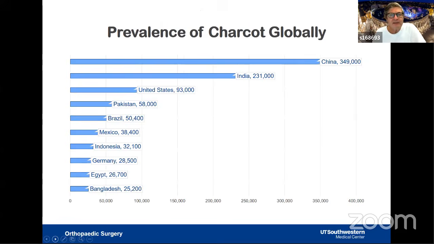So I took that same data and converted that to Charcot with a prevalence of 0.3%. And you can see that in China, nearly 350,000 cases of Charcot would be estimated. In India, over 200,000. In the United States, almost 100,000. And as you can see, going forward. So while yes, in the United States, it would qualify as a rare disease, it would not be a rare disease in India or in China.